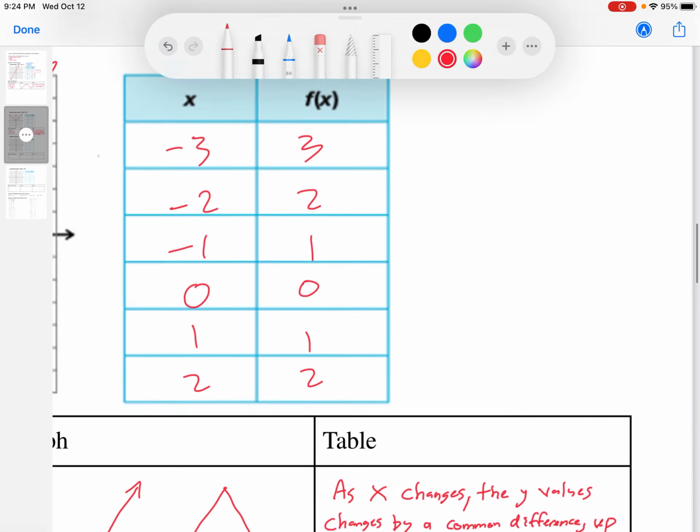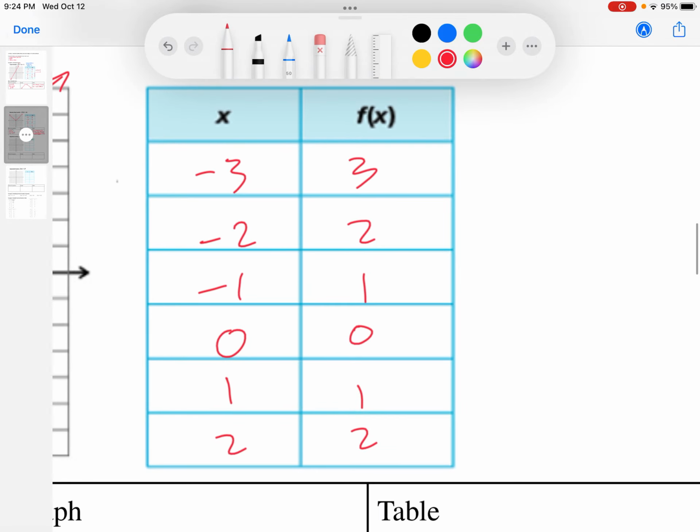So what the heck does that mean? Well, here's what it means. As you can see in this absolute value graph, our common difference, we are decreasing by 1, decreasing by 1, decreasing by 1, decreasing by 1, boom, we hit a turning point, and then all of a sudden we start increasing by 1. So we were decreasing by 1 to a turning point where the sign changes to positive, and then we start increasing by 1.